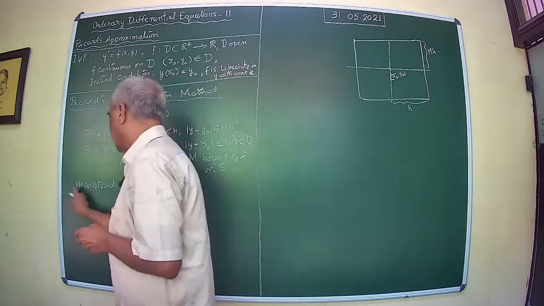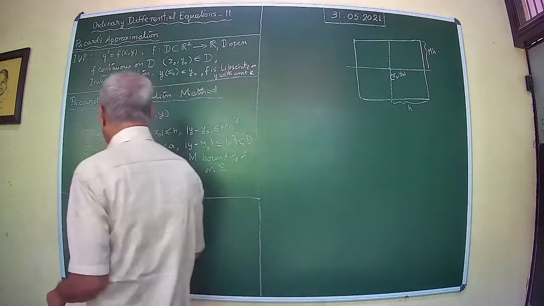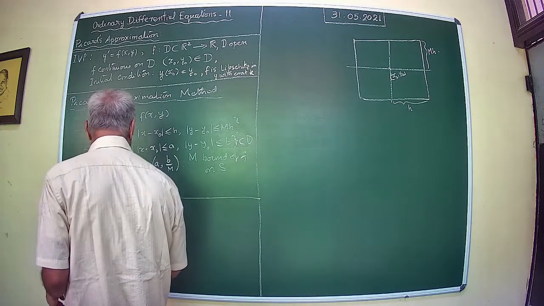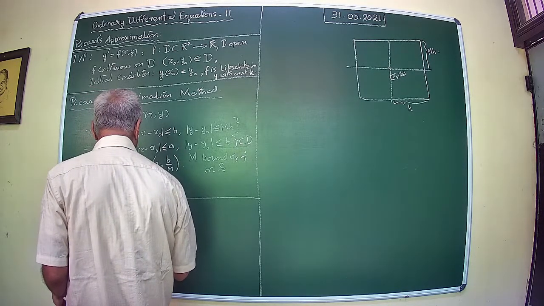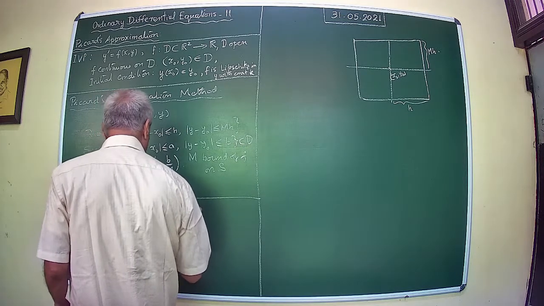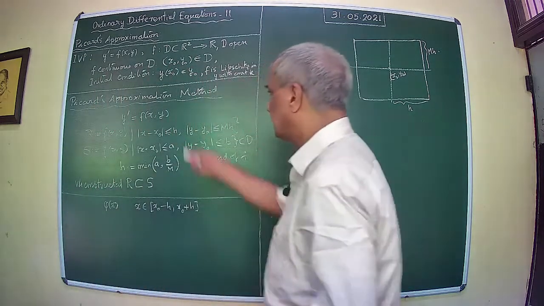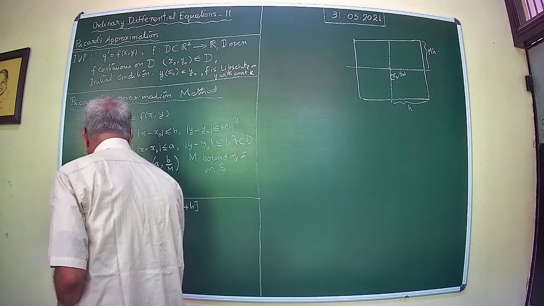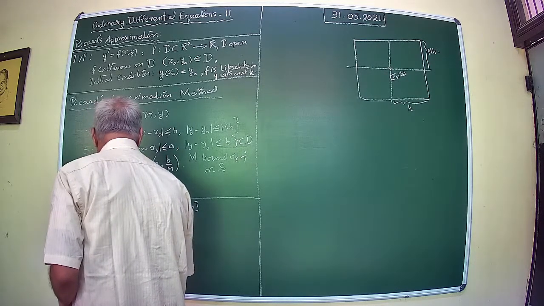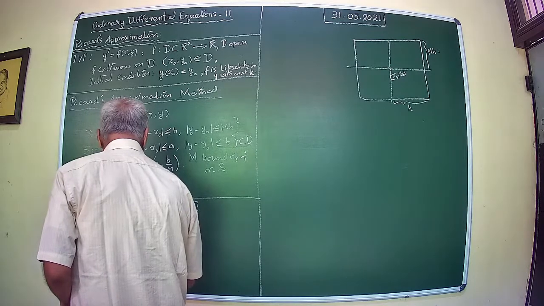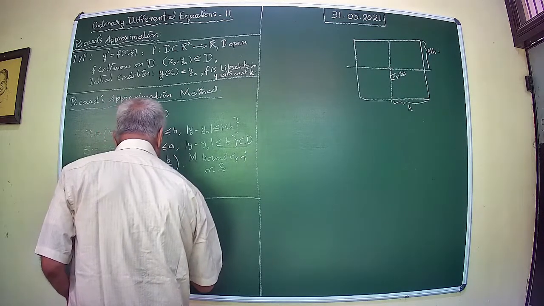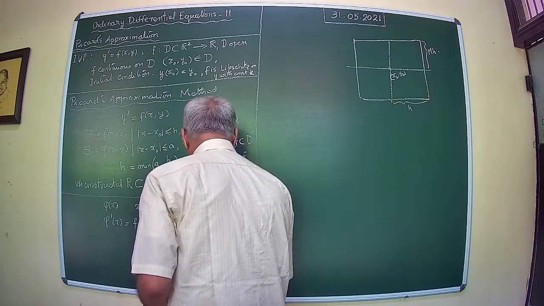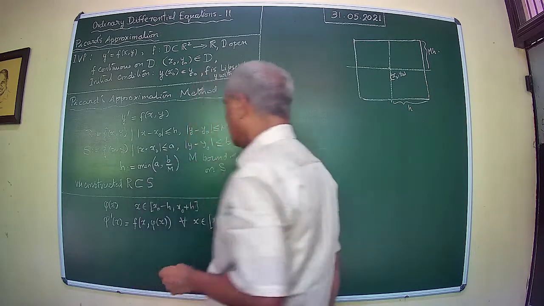So let us look at the following problem. Suppose there is a solution phi which satisfies this differential equation. Then what do you get? You have phi dash x equal to f of x, phi x.